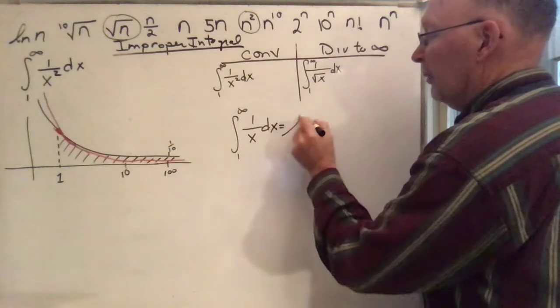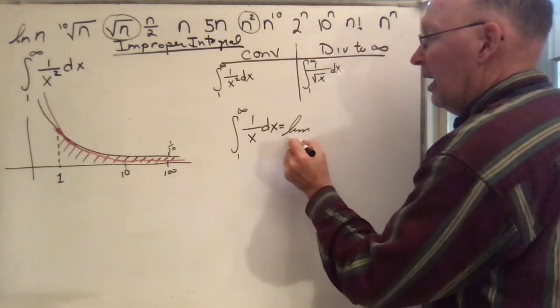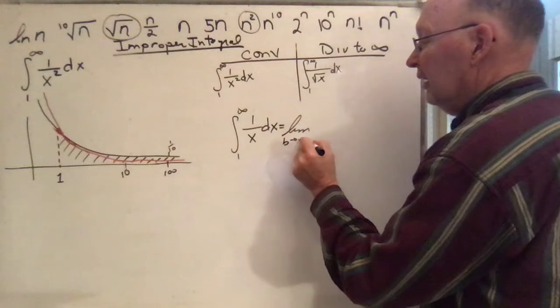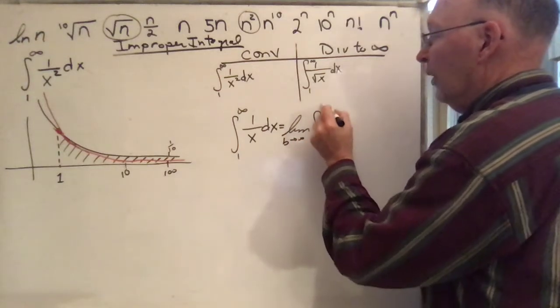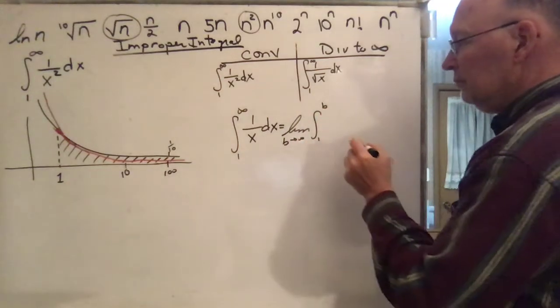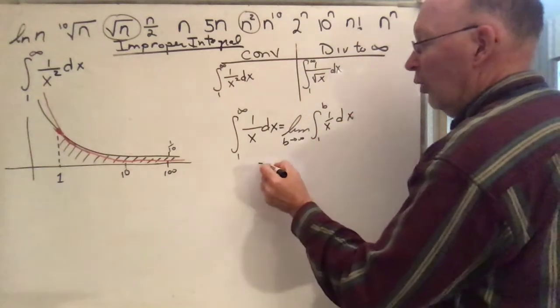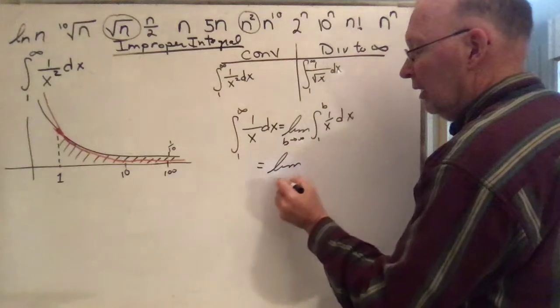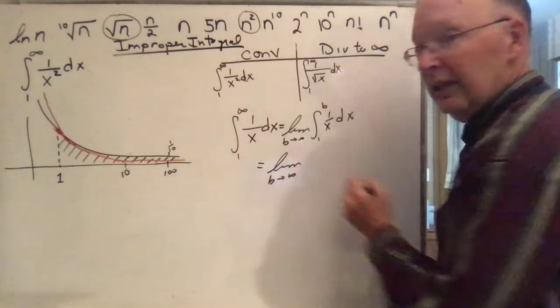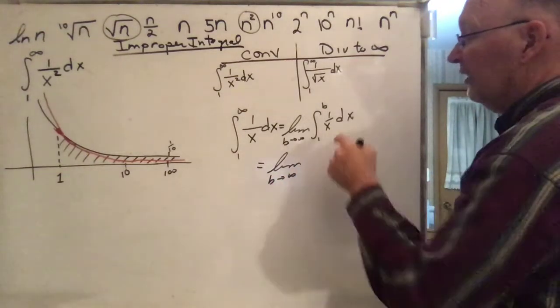This is equal to the limit as b goes to infinity of the integral from 1 to b of 1 over x dx, which is equal to the limit as b goes to infinity of, what's the antiderivative?